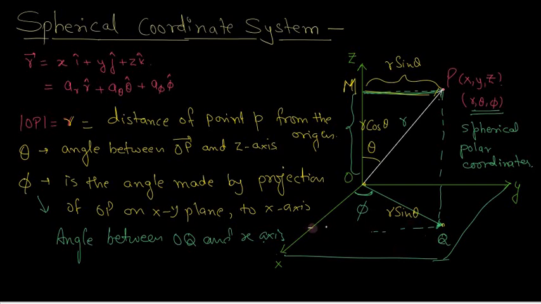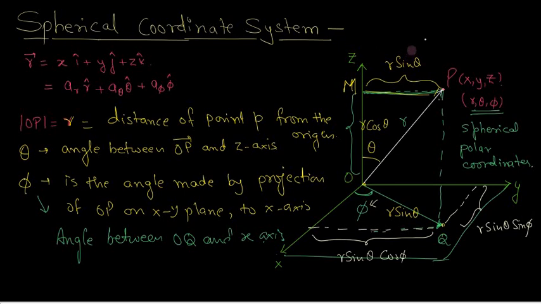So it has two projections, one is this and one is this. Your this length will be r sine theta and this angle is phi, so this is cosine phi. This is your r sine theta into sine phi. So this is basically your z, this is basically your x, this is basically your y.